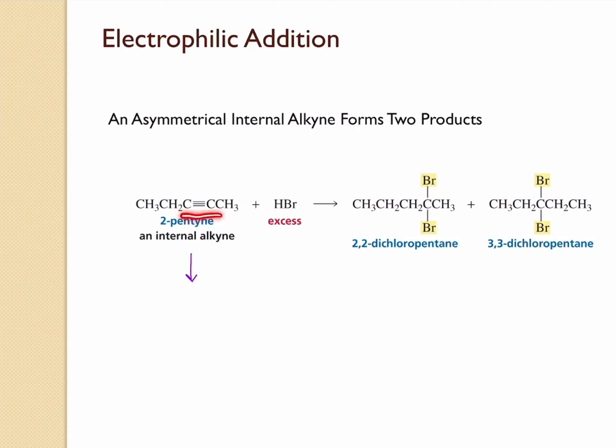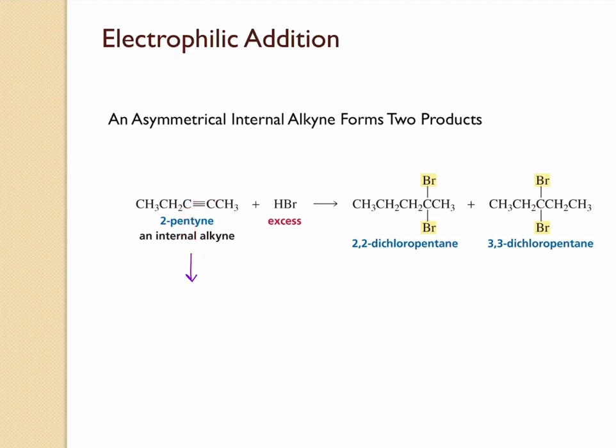Here, none of these carbons have got any hydrogens, so there is no preferential formation of any particular product. If the hydrogen is going to go onto this carbon, the Br is going to go to the other carbon, and similarly, if the hydrogen is going to go onto this carbon, the Br is going to go to the other carbon.